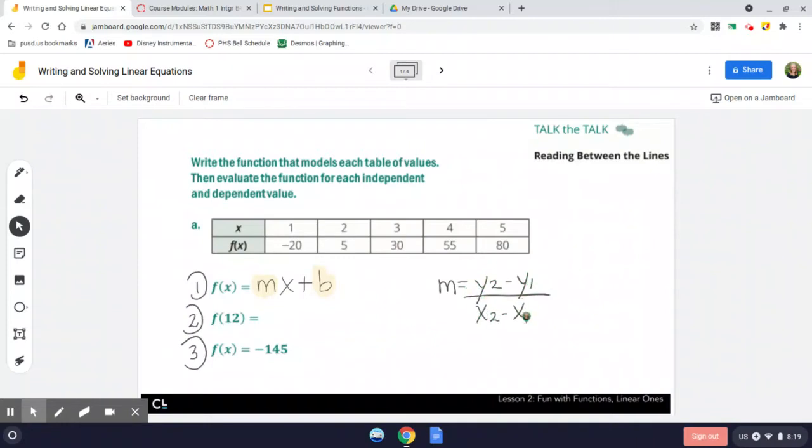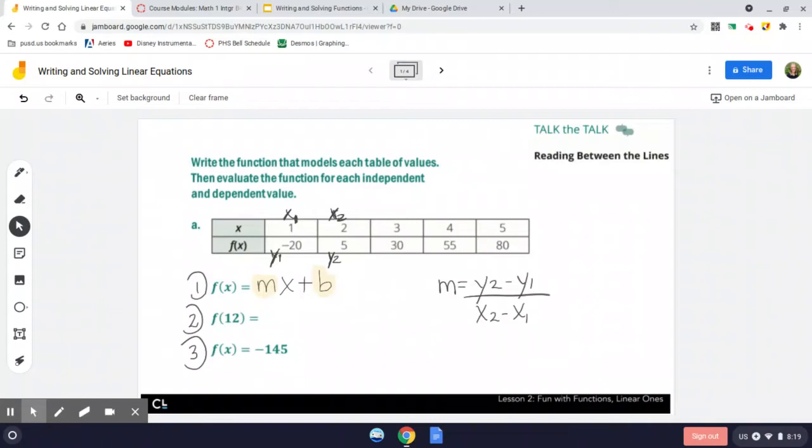I can pick any x's, and I have to pick the y's that go with them. So I'm going to label the first one x1 and the second one x2, y1 and y2.